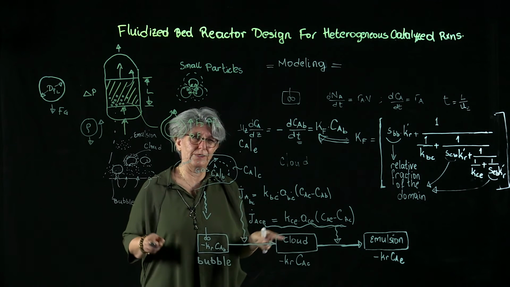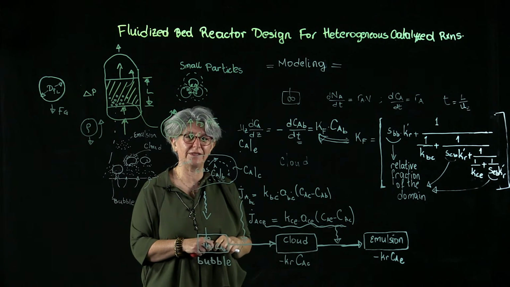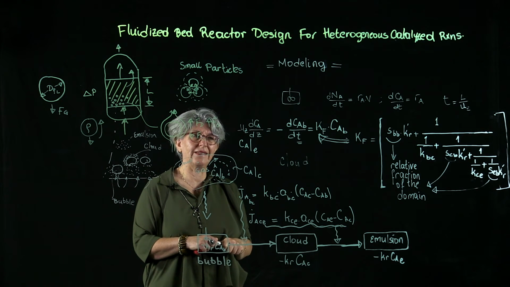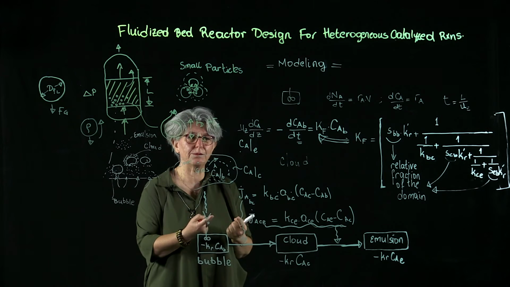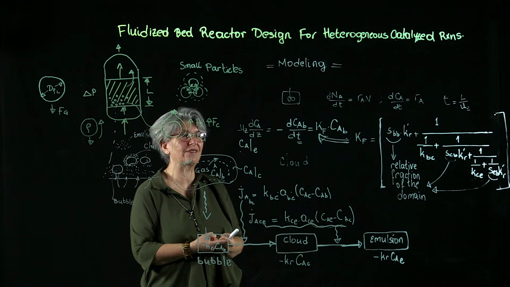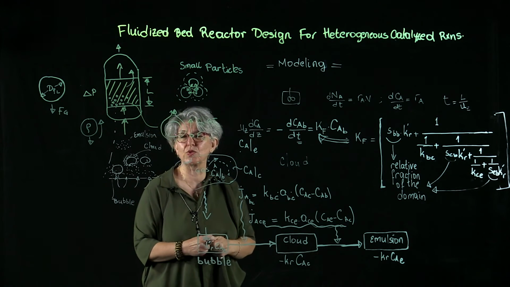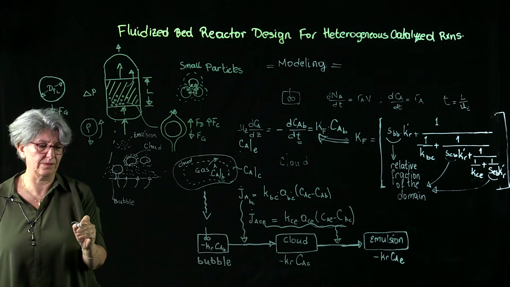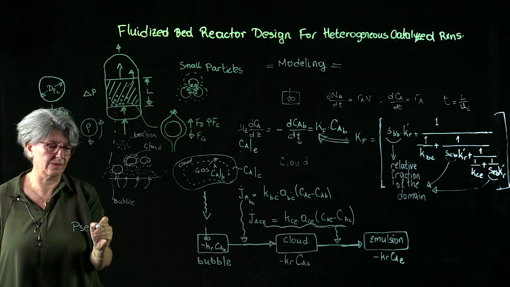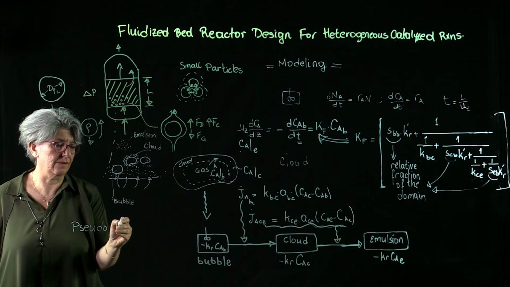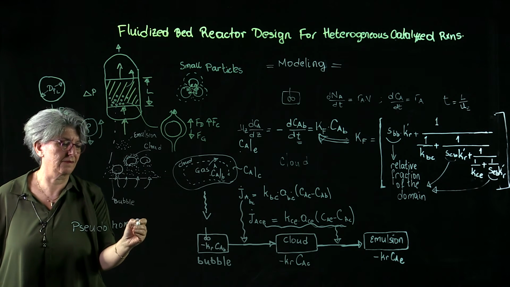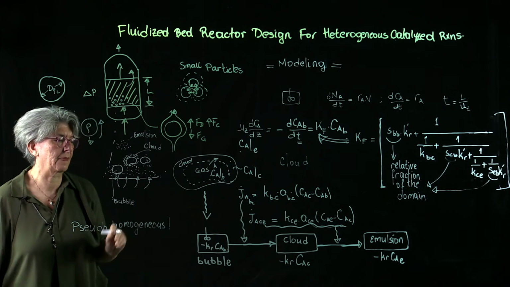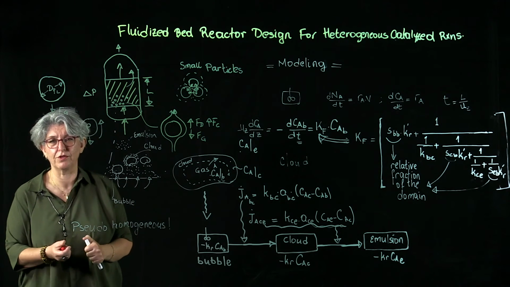So, what have we designed? We have designed a fluidized bed reactor, and we have lumped the problems, and we generated a pseudo-homogeneous solution. Now, of course, you are going to be the engineer.